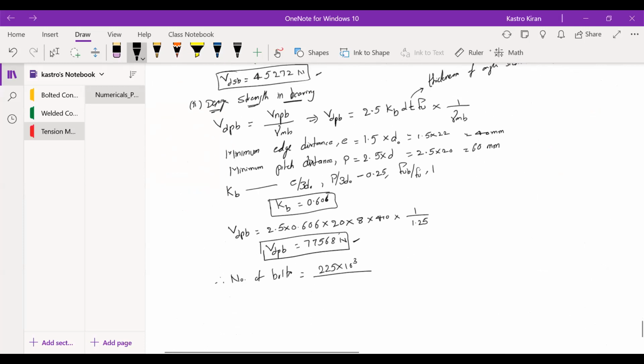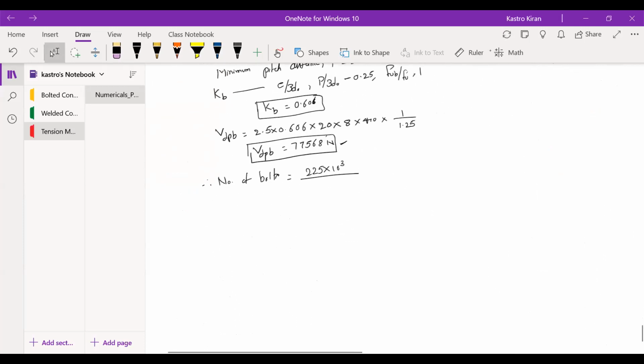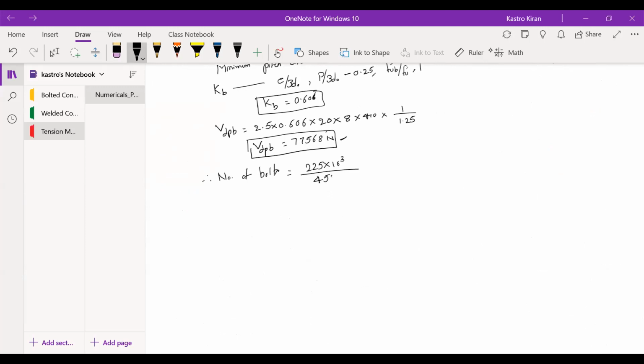So the least value is 45272 newtons. Therefore, approximately how many bolts you are going to get is 5 bolts. Provide 5 bolts.